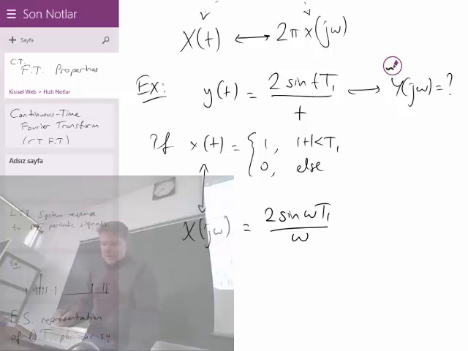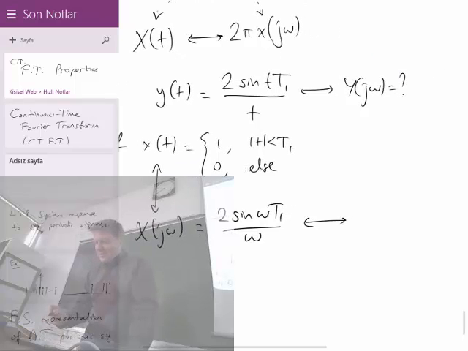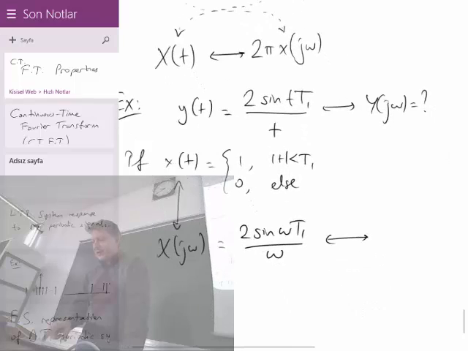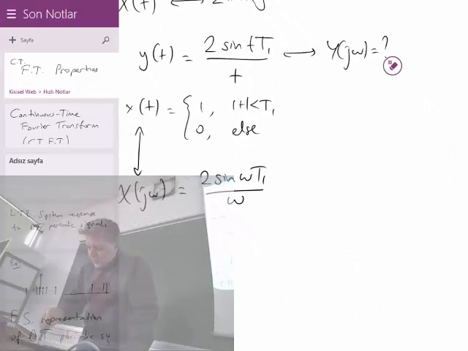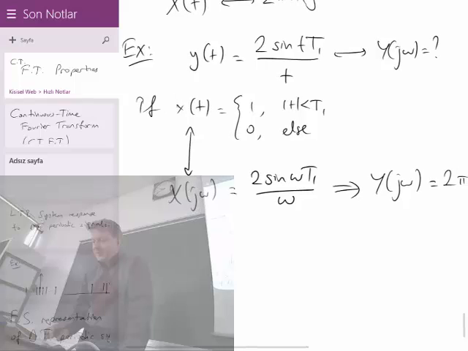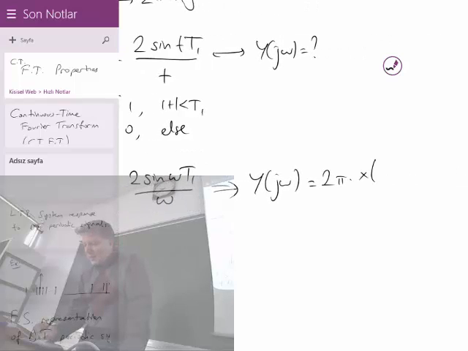And therefore, I need to take a look at the inverse Fourier transform of this thing, which was x of t, and I have to multiply it by 2 pi from the property. As you see, it is 2 pi times x. What I'm saying is that the Fourier transform Y of j omega is equal to 2 pi times the previous x of t, which is x of omega.